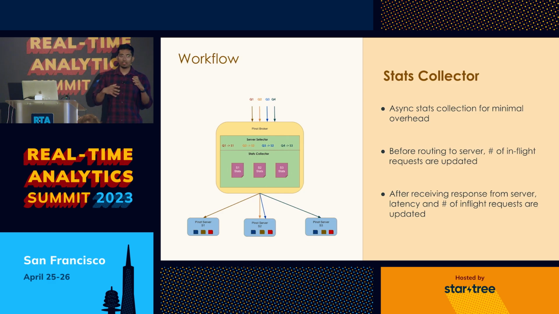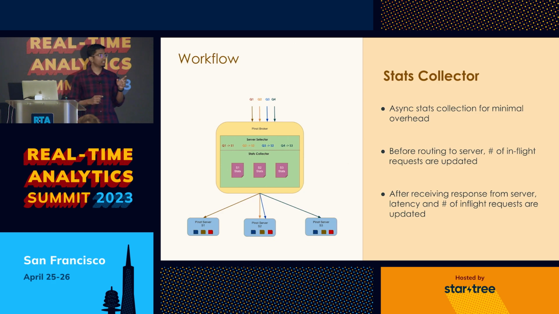That's the reason we have the stats collector as an async thread that runs and does this processing rather than having it in the same thread that processes the query. And one more thing is the stats collector is easily extensible and pluggable. That basically means that if you want to add more stats for your routing, for your use case, or want to tweak the policy or write a completely new policy, it can all be easily done.